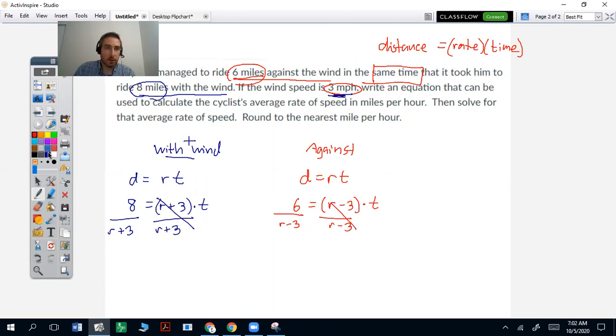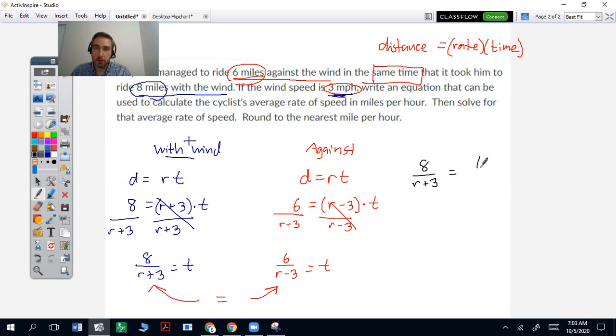And then what you're left with is 8 over r plus 3 equals t, and 6 over r minus 3 equals t. And since these times are the same, set these two equal to each other. So your equation will be 8 over r plus 3 equals 6 over r minus 3.